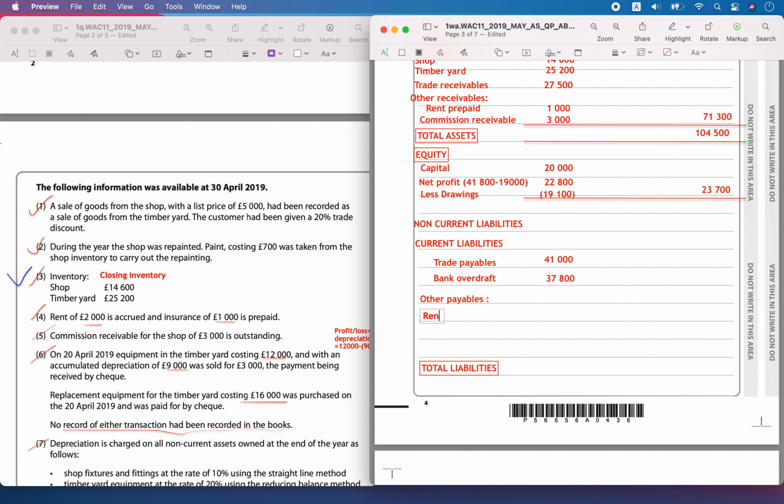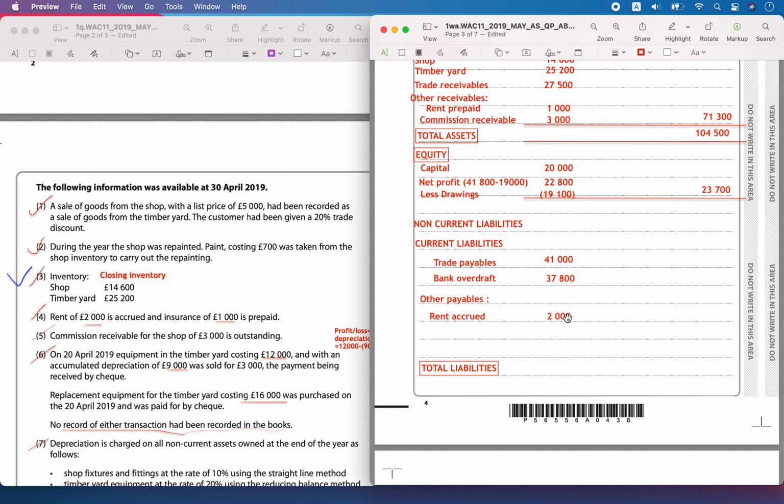Rent accrued becomes other payable. The value is around 2,000. The rent had got accrued, you have to pay it immediately this year, it is 2,000.